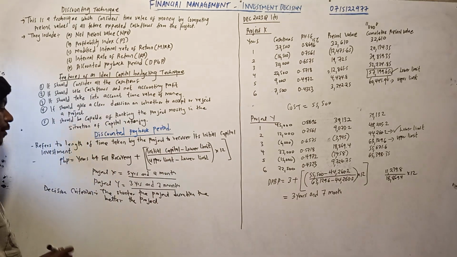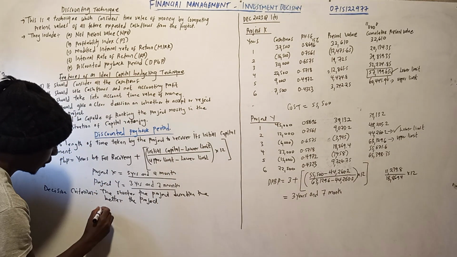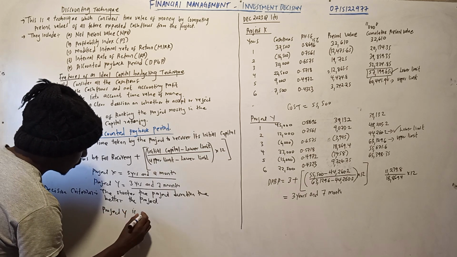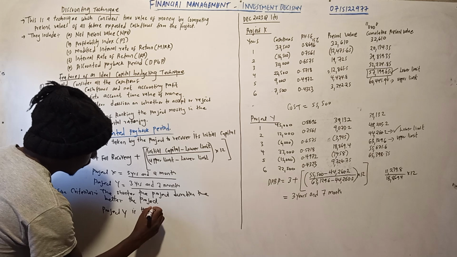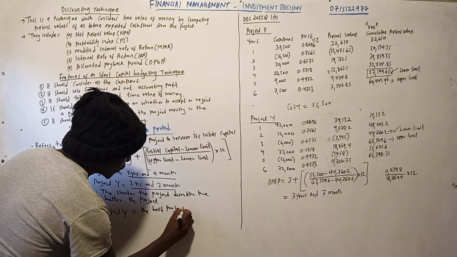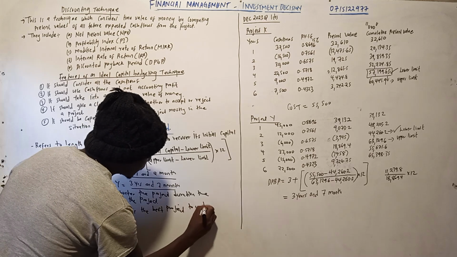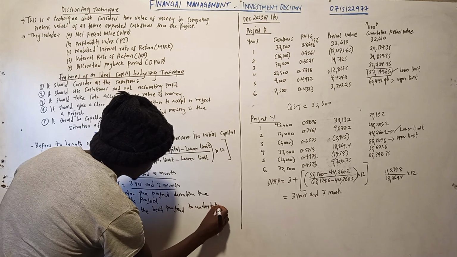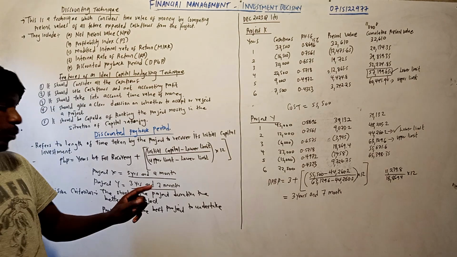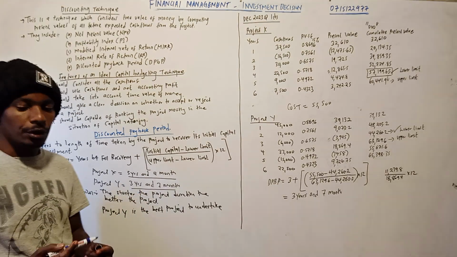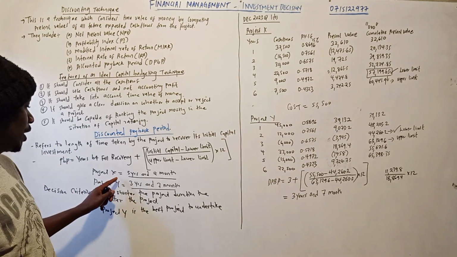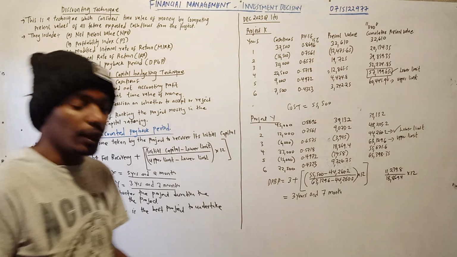Now in this case, project Y is the best project to undertake, since we shall recover our cost in just 3 years and 7 months, as compared to project X, where we need to wait for 5 years.